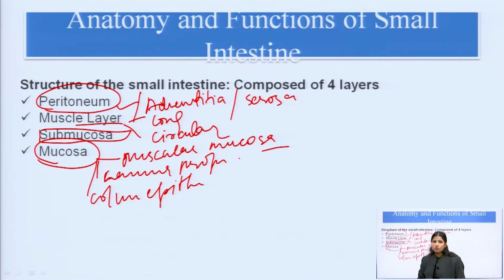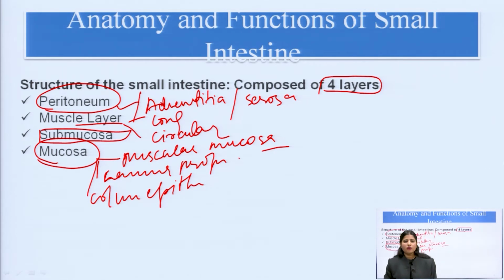On a broad basis, these 4 layers are present in the stomach, the small intestine and the large intestine.